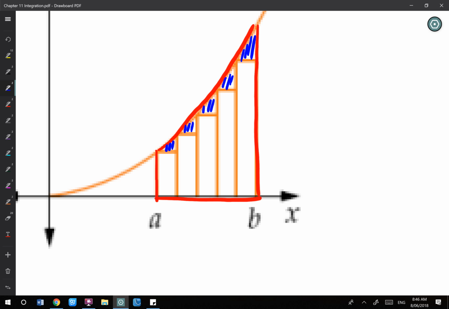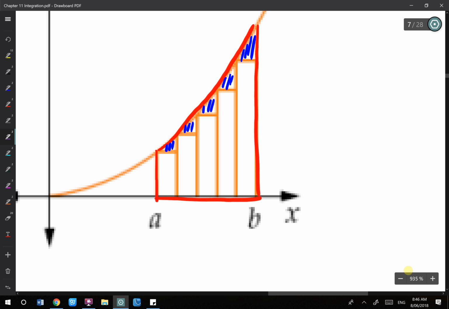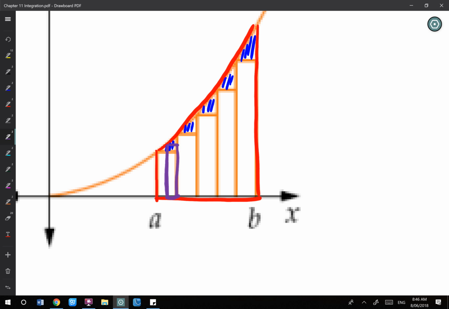For example, I'll just show you one. If I draw another one, I have gained this much, which eliminates some of the error. If I do that for all the rectangles, halving them, you will gain more. And if I cut that into 10 small pieces, I will get even more accurate, right?